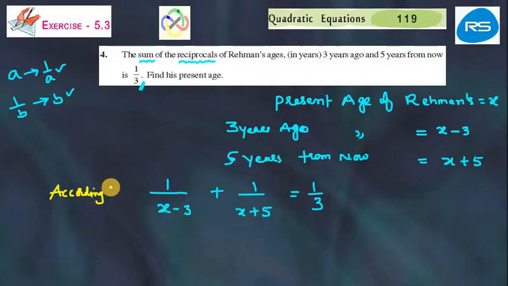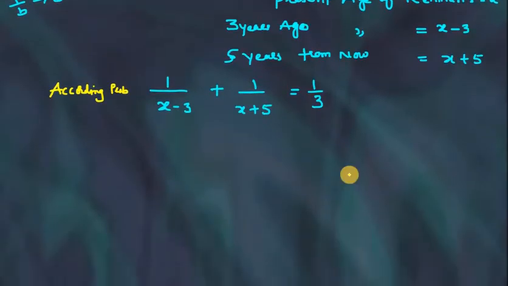According to the data he has given, now if you simplify this, you will get the answer. So let me start. Take cross multiplication. This denominator will go to the numerator.